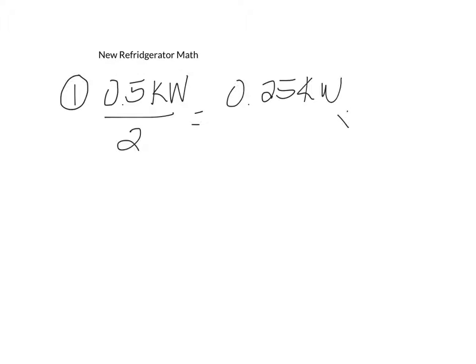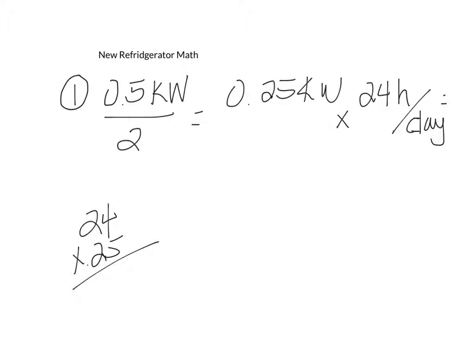And then we need to multiply this by 24 hours per day. And our watts, our kilowatts, and our hours basically smush together. So we're going to do 24 times 0.25.